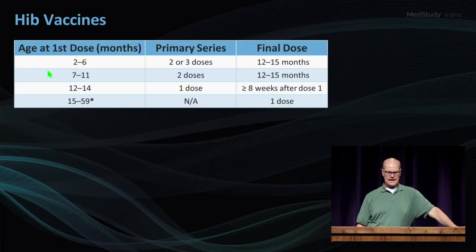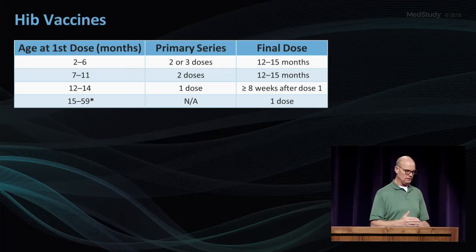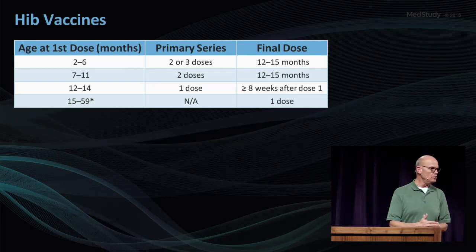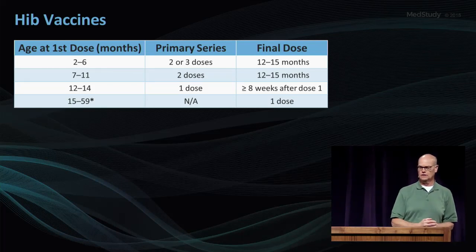This is, however, a vaccine that requires fewer doses as the child grows older. So, for example, a 17-month-old child who has never been immunized only needs 1 dose. This is important to know, again, because you may have a vignette that talks about a child who was removed from his or her home due to medical neglect and now is 18 months old. How many Hib vaccines does that child need, for example?